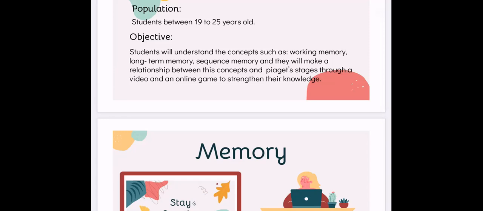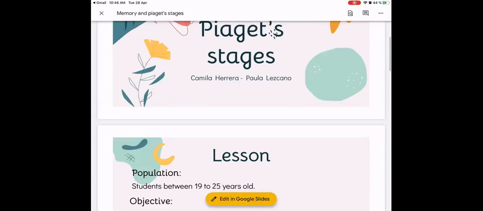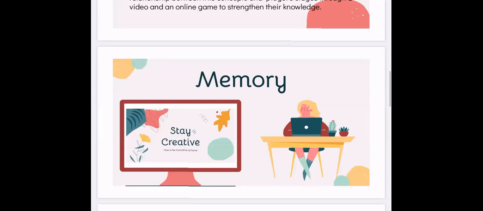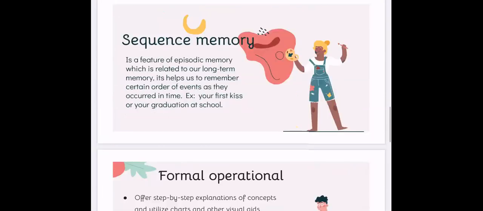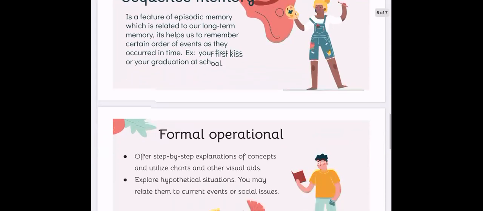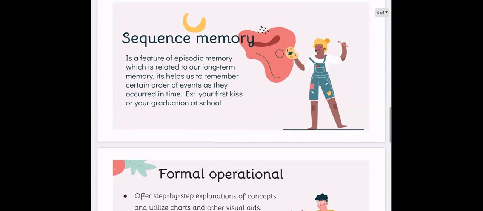The game consists of exercising their memory, like tricking their long-term memory and their working memory. And Camila will tell you what is the Piaget stage.